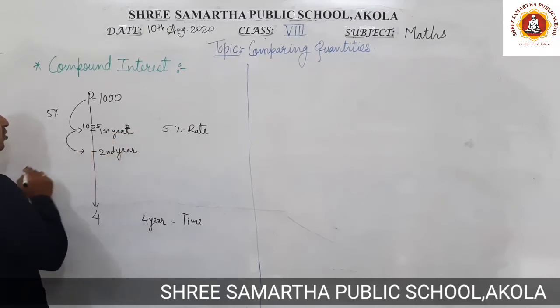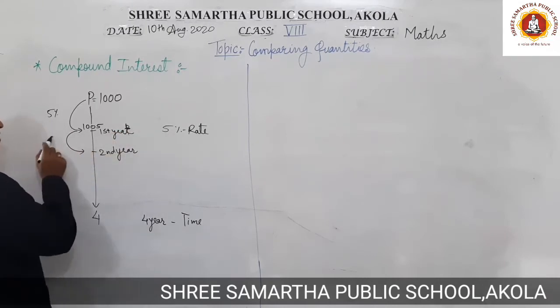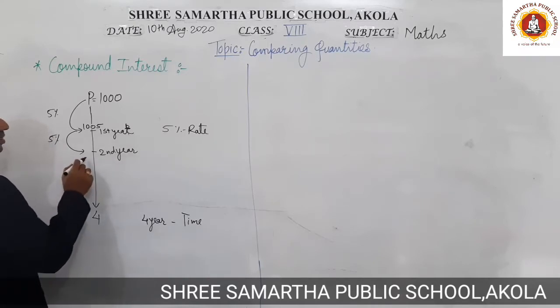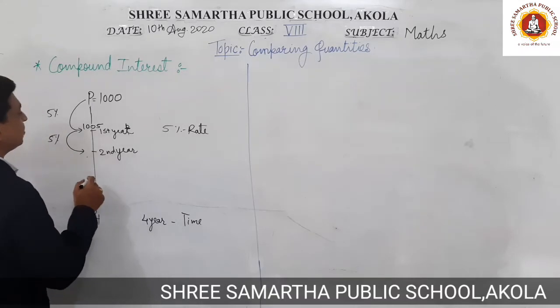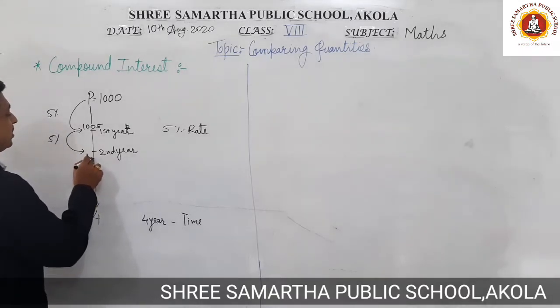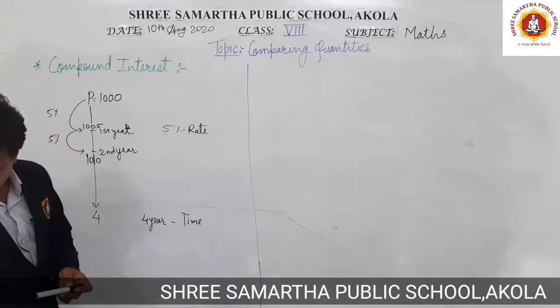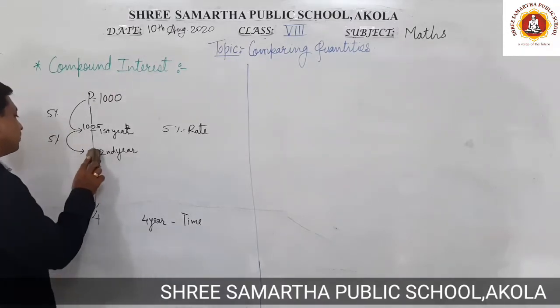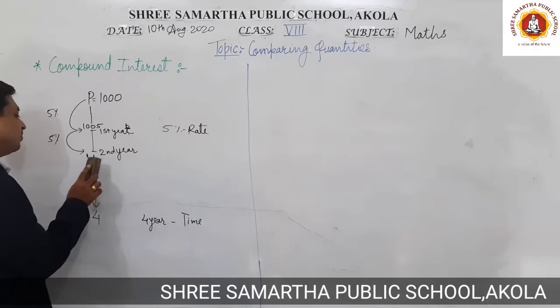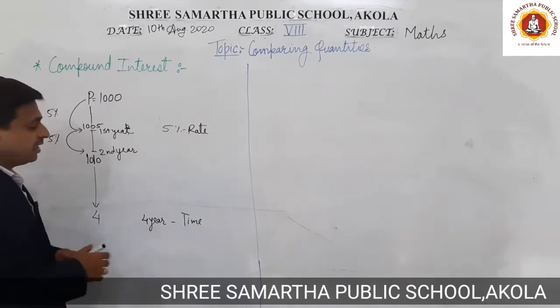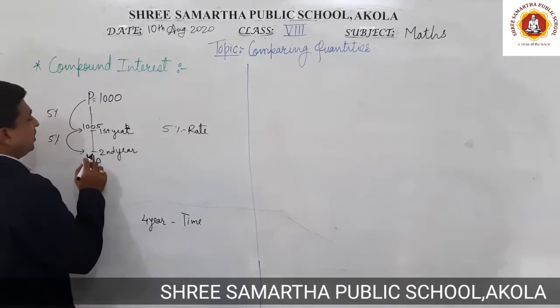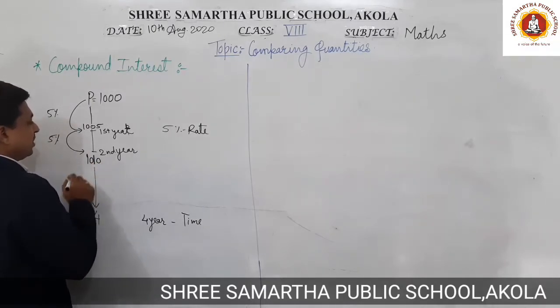For the next, second year, we will add 5% of this, that will be 1010. Approximately, consider it is 1010 point something. So this is the second year.